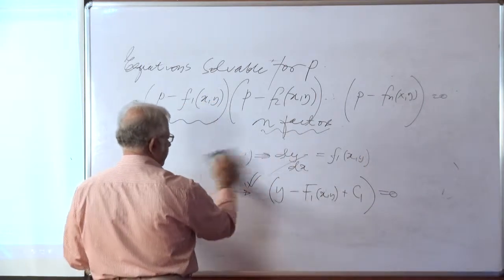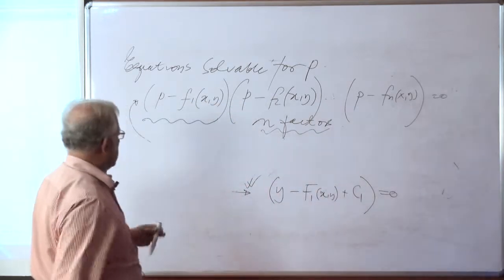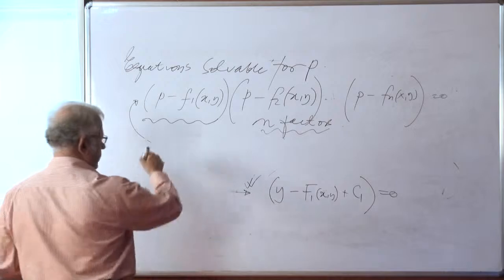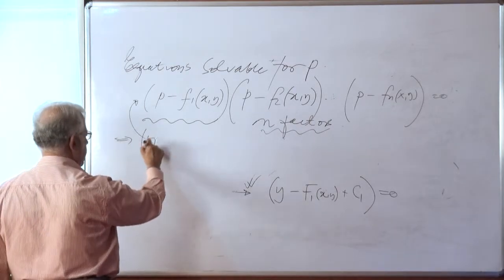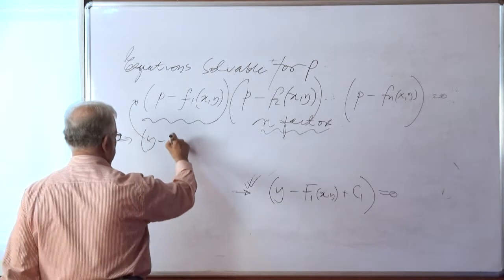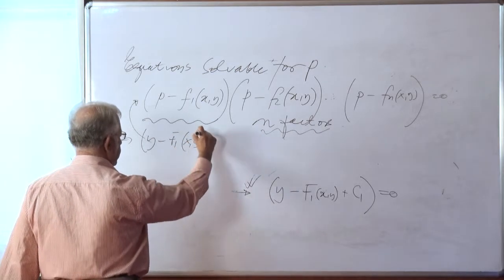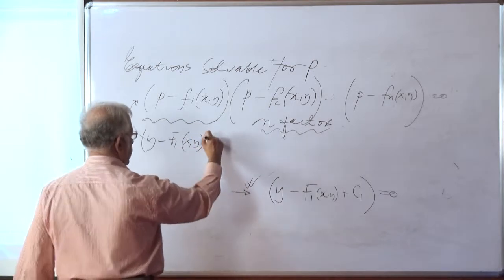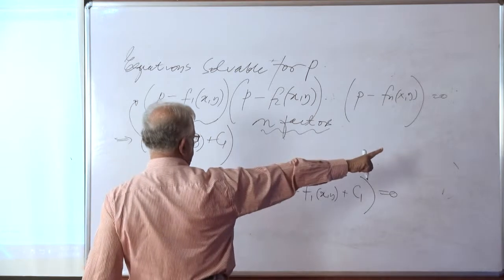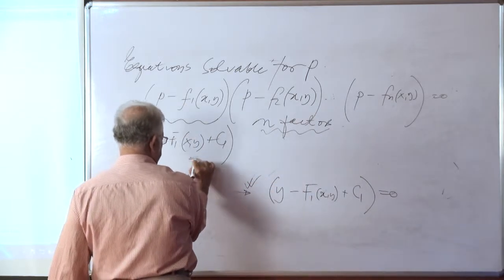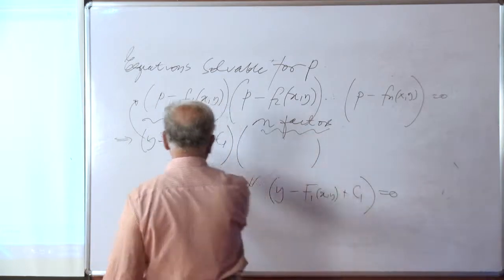So corresponding to the first factor, this was the solution. So we'll write that implies y minus f1 xy plus c1 is equal to 0. For the second factor, we get absolutely a similar term.